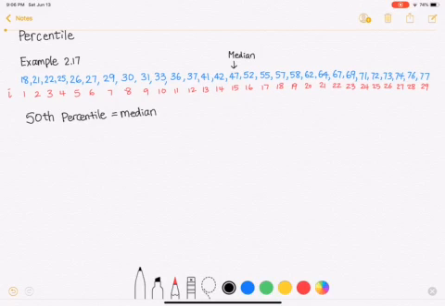That's why we need to use this formula. i equals k divided by 100 times, this is multiplication, n plus 1. If you want to find the 50th percentile of a list of numbers, the i is telling you its position, where the number is.